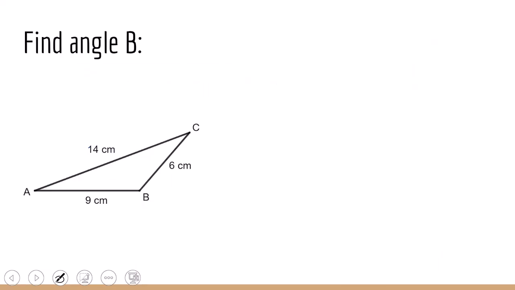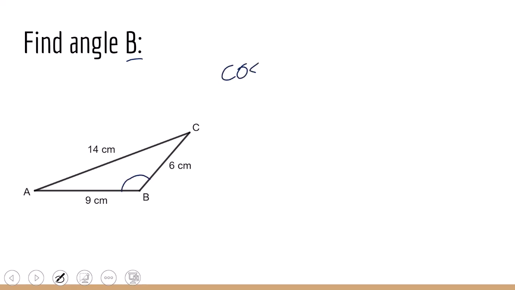Next, I'm going to need to find a specific angle from this triangle. We can immediately note that this is not a right triangle. And so that means I'll need to use either sine rule or cosine rule. I am not given any angles at the beginning, so I can't use sine rule, so I'll be using cosine rule to solve this triangle, or to find angle B. So I'm trying to find angle B here, so let's use cosine rule.